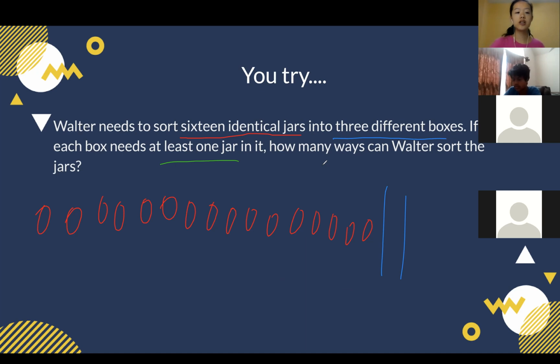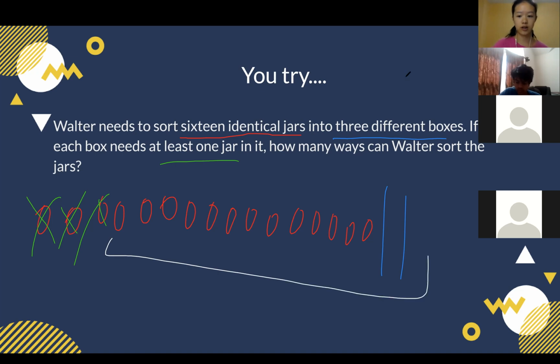Now, the question says that each box needs at least 1 jar in it. Since each box needs 1 jar, we can just assume 3 jars are already placed in the boxes. That way, each box is guaranteed to have at least 1 object. So what we're left with is 15 objects: 13 jars and 2 sticks.